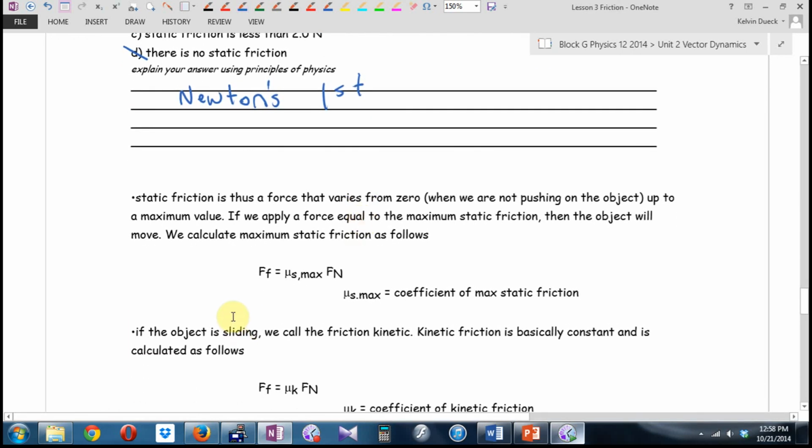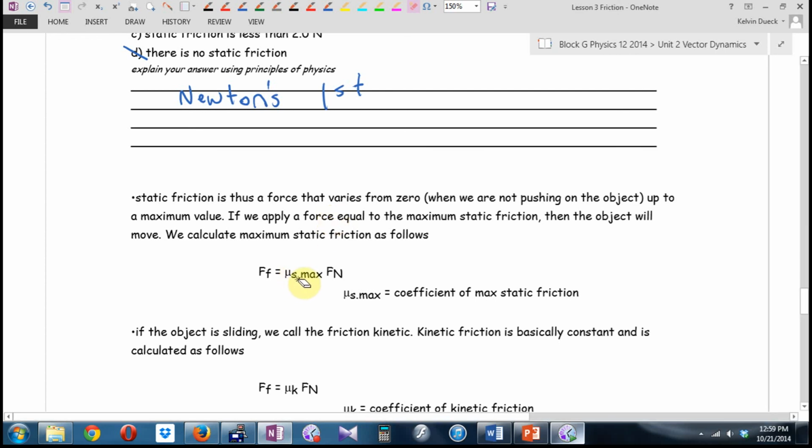So here typed out is the same rant that I just went on. It says static friction is thus a force that varies from 0 when we're not pushing on the object up to a maximum value. And as soon as we push harder than that maximum value, the object must move, accelerate. Static friction is only as big as it needs to be, though.